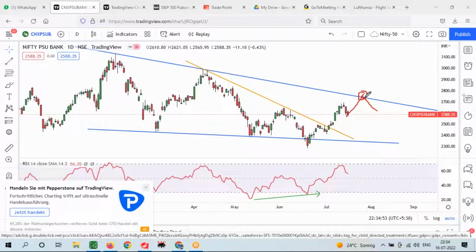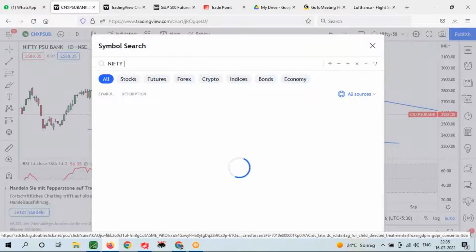Let it dip or let it give a breakout, let it cross the trend line. But this is an important trend line. I don't see a breakout in one go. In the case of Canara Bank, SBI, we have seen that. We expected a dip from 222, 223 levels, and it has come. So we will see that. Nifty private.